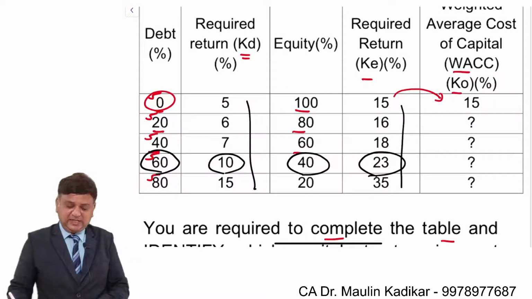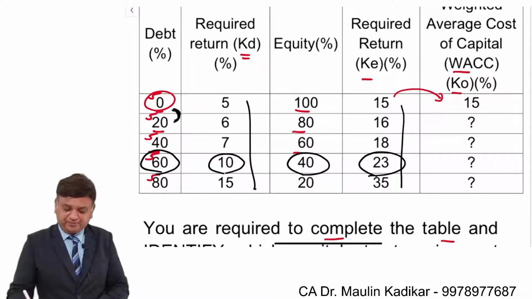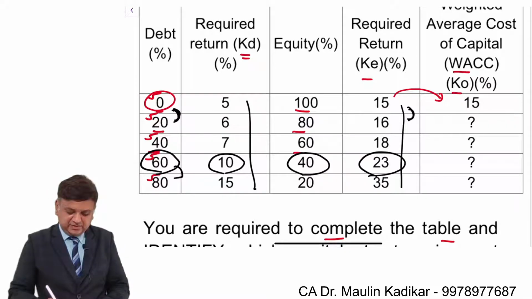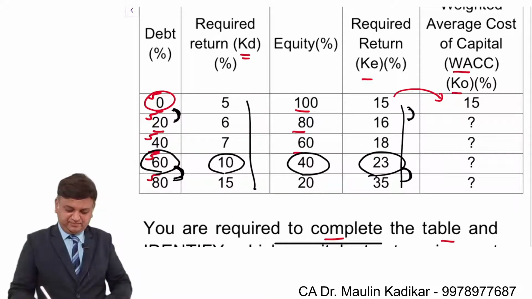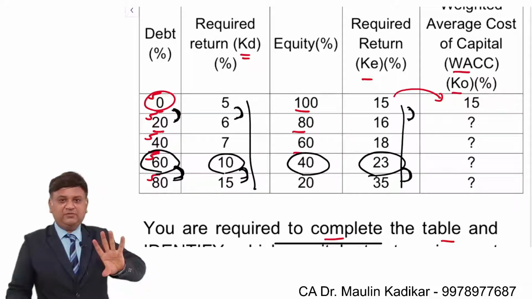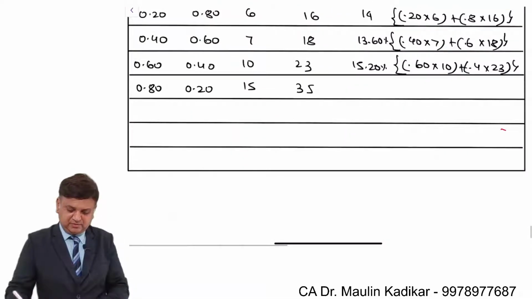Over here, 20% increase in the debt, cost of equity increases only by 1%. Now this time 20% increase in the debt, cost of equity increases by 12%. This is also increasing just by 1%. This increases by 5%. So if you go on introducing more and more leverage, then the risk will increase substantially. This is the way we have to understand.